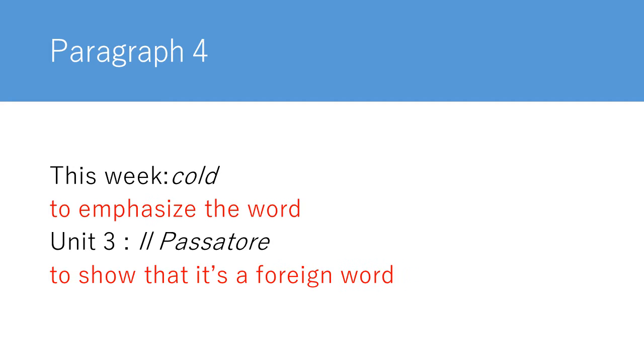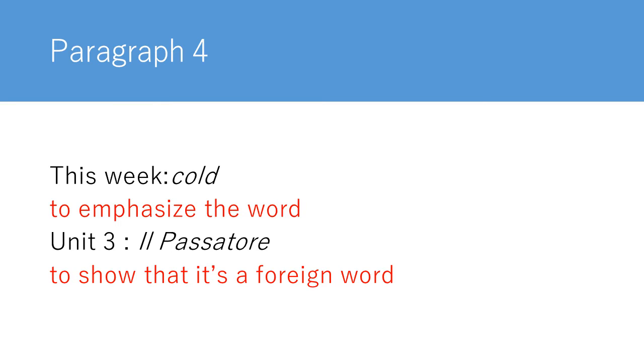I asked you a similar question about italics in a previous lesson. This is about 2 weeks ago when we were looking at unit number 3 about the long distance runner. And I asked about the italics on the words il passatore. And I said in that case, italics are used to show that il passatore is not an English word. It's a foreign word. It's Italian.